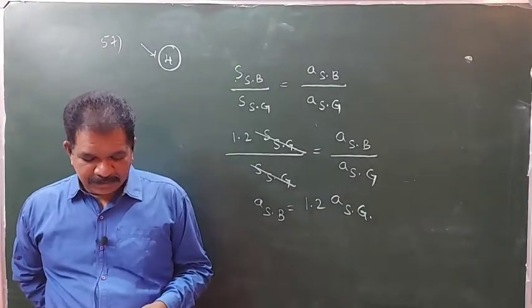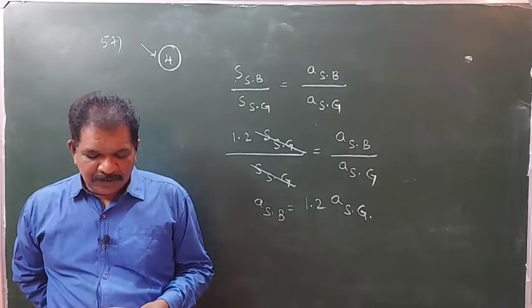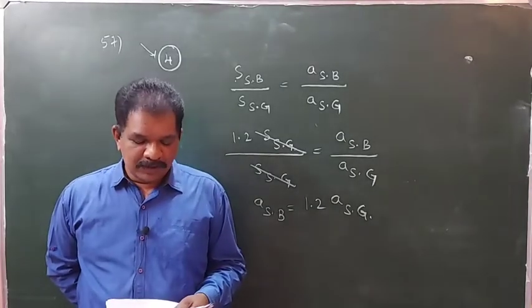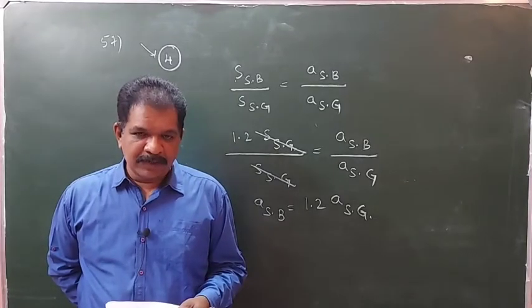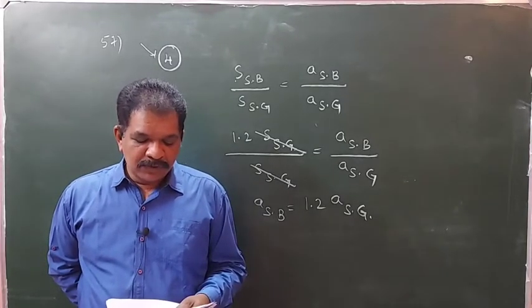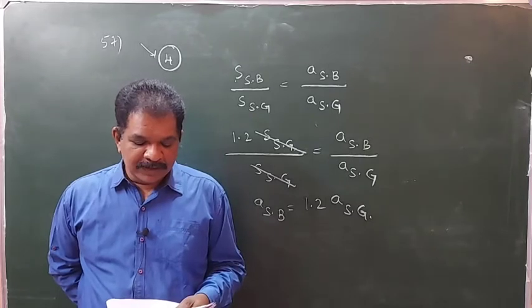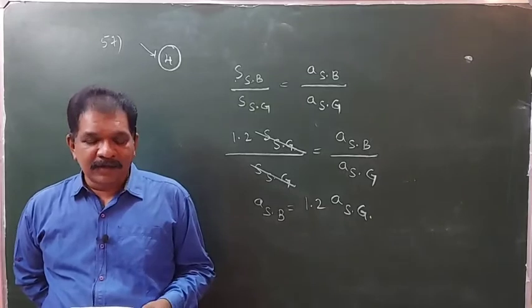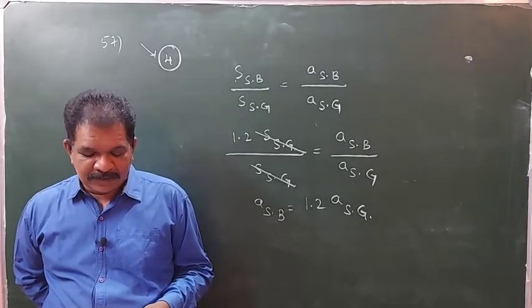Next, 58. A skateboarder starts from rest and moves down a hill with constant acceleration in a straight line, traveling for 6 seconds.